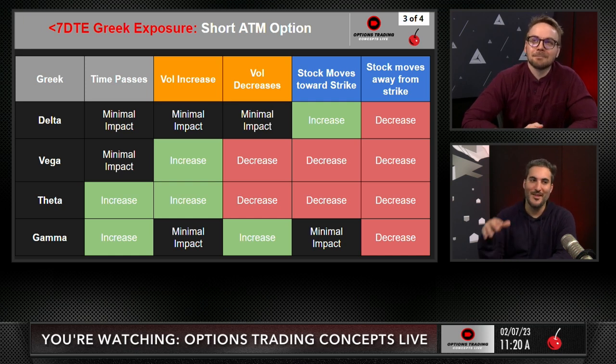So with increases in volatility, of course, you're going to have more vega exposure and more theta decay because the extrinsic value is likely to increase, but your delta and gamma are going to stay the same, but they're going to stay high.